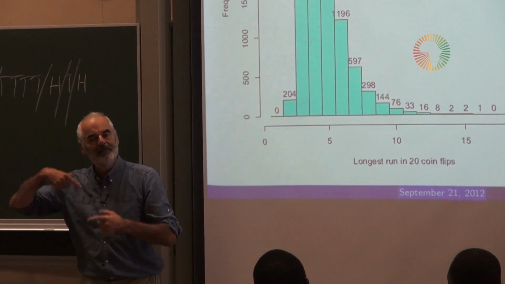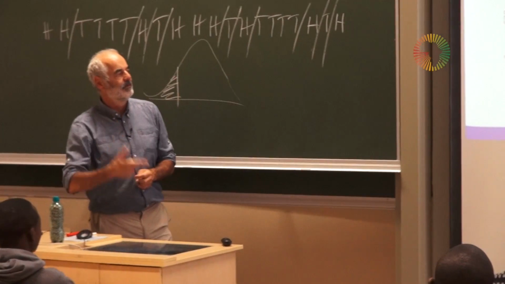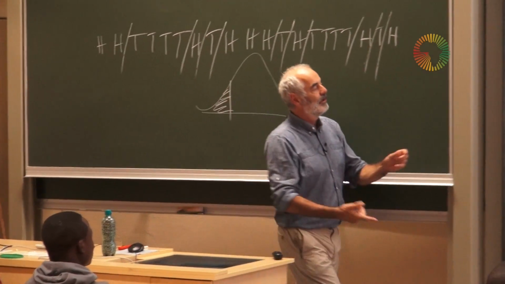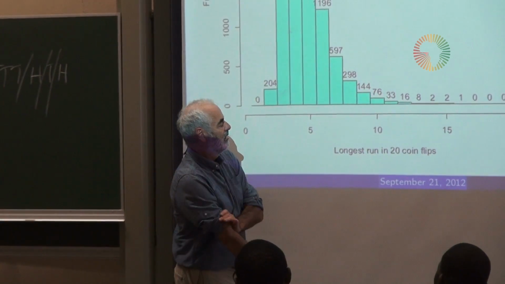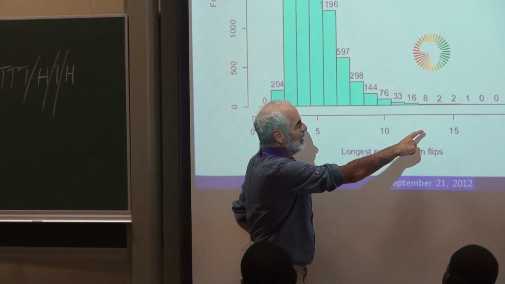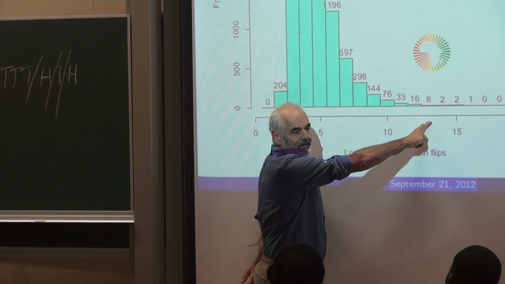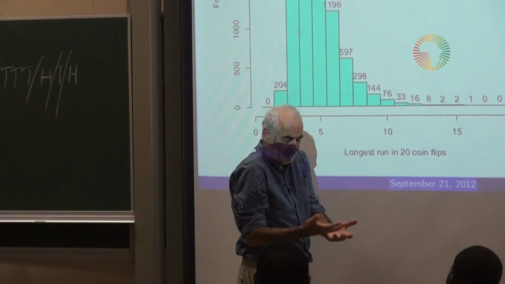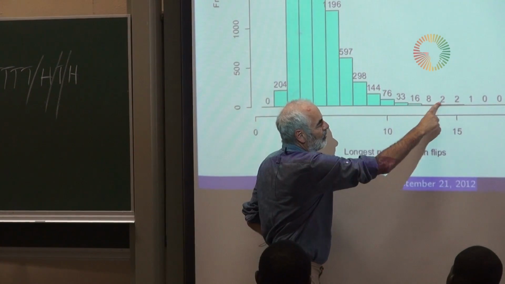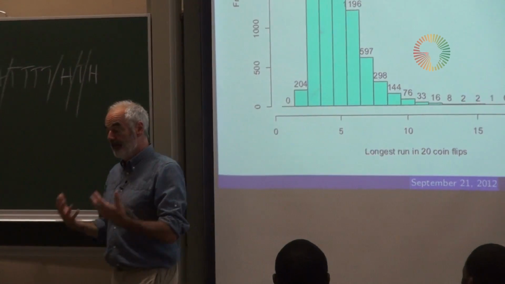So that's the reasoning you're using, and that's the reasoning we're going to come back to again and again. That's why the tails of distributions are incredibly important. If you observe something up here, a run of 13, they're almost certainly cheating, or the coin has two heads, is biased or something like that. So if you observe something up here or down here, it makes you doubt the hypothesis.